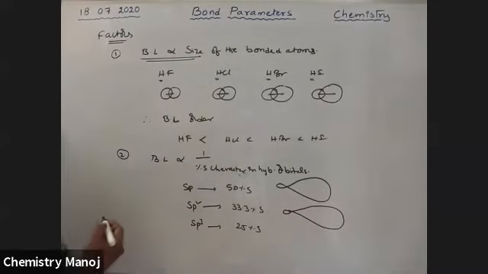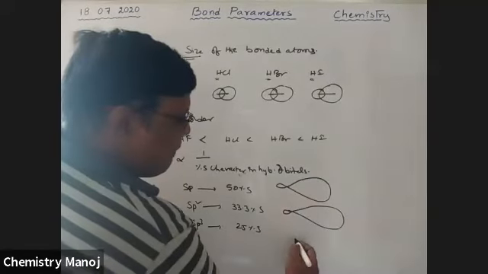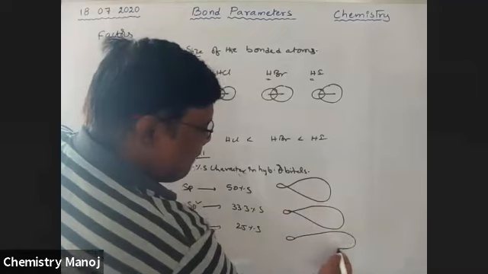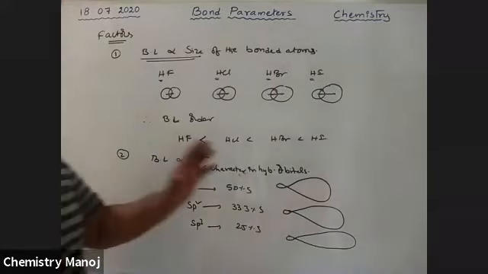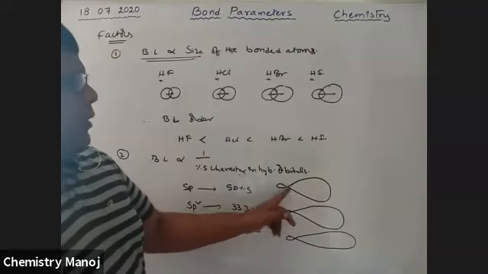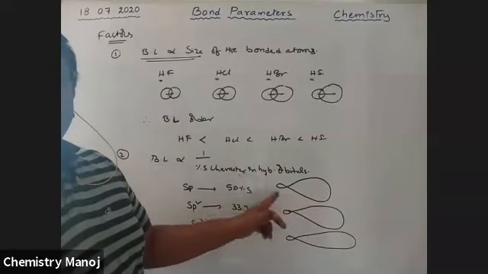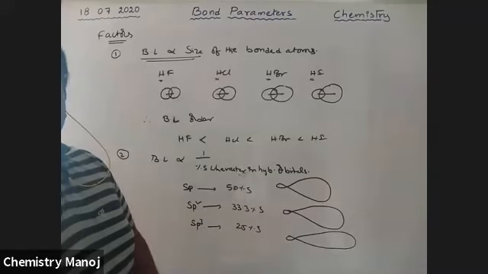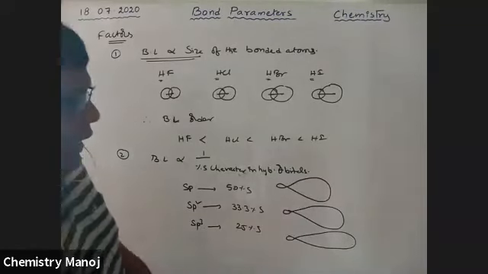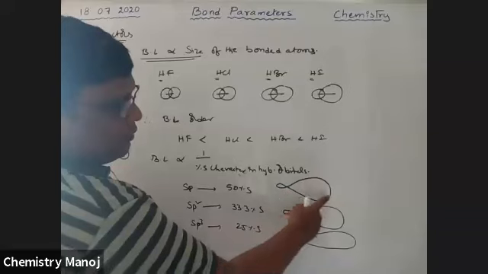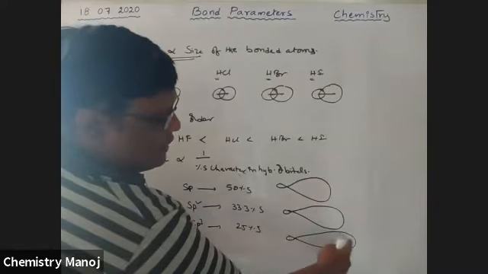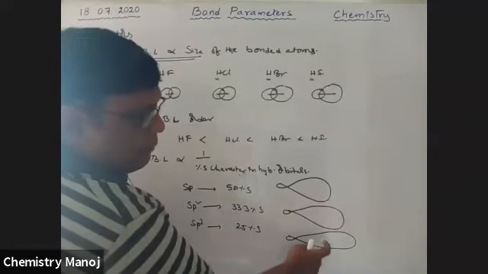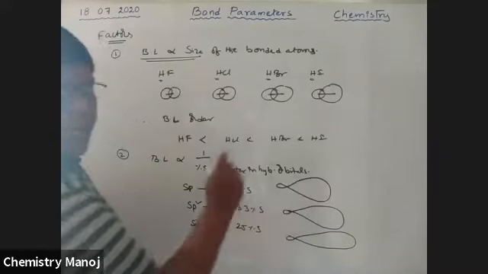These three are hybrid orbitals because each has one big lobe and one small lobe. But here the spherical nature is more, and when compared to this one, the spherical nature is less. That means the dumbbell nature is more in the others, and the spherical nature is more here.